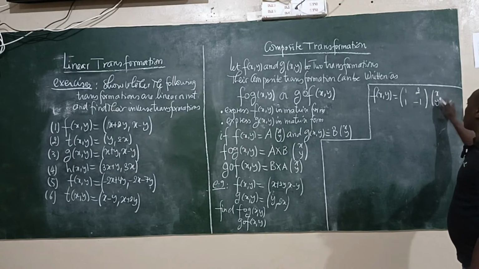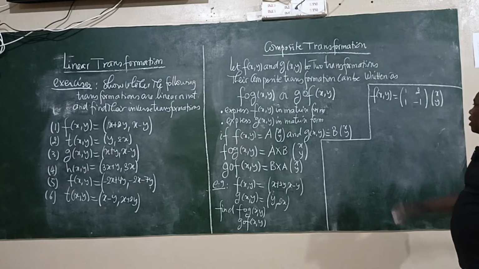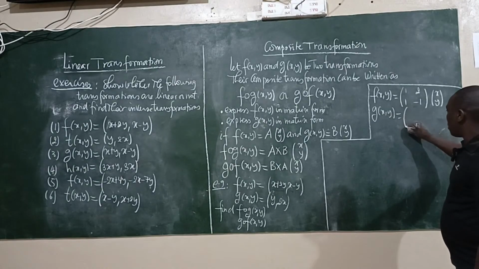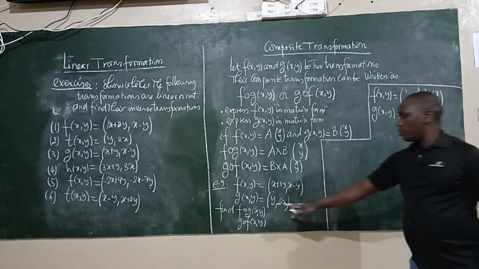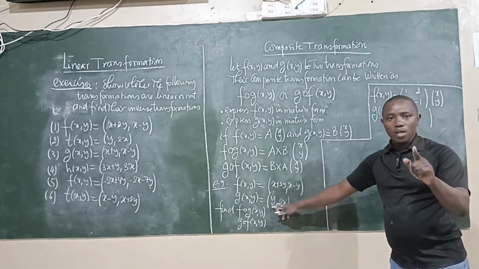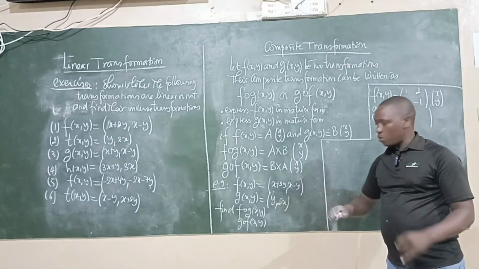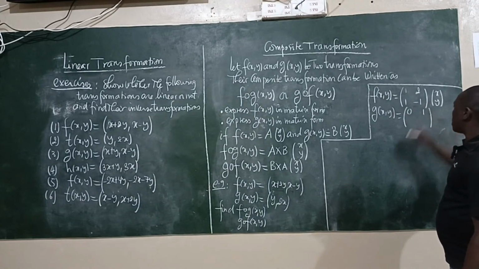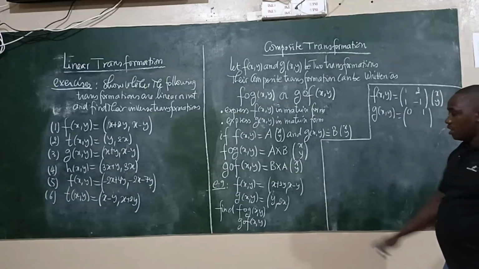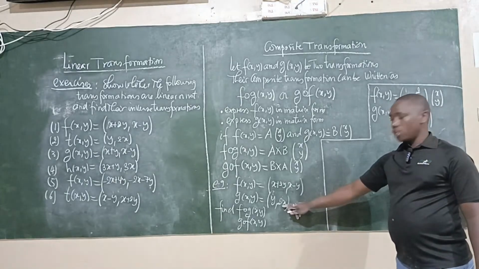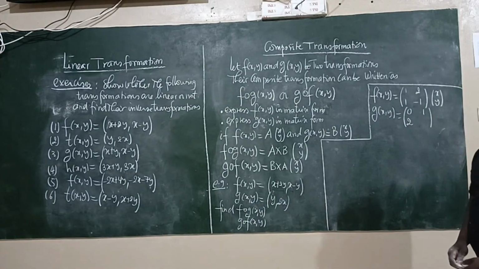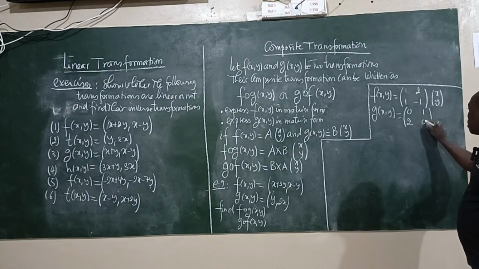Then times (x, y). Here g(x, y) in matrix form: as you see, the first component has 0x, meaning the coefficient of x is 0 and the coefficient of y is 1. Coming here, the coefficient of x is 2 and the coefficient of y is 0, then times (x, y).